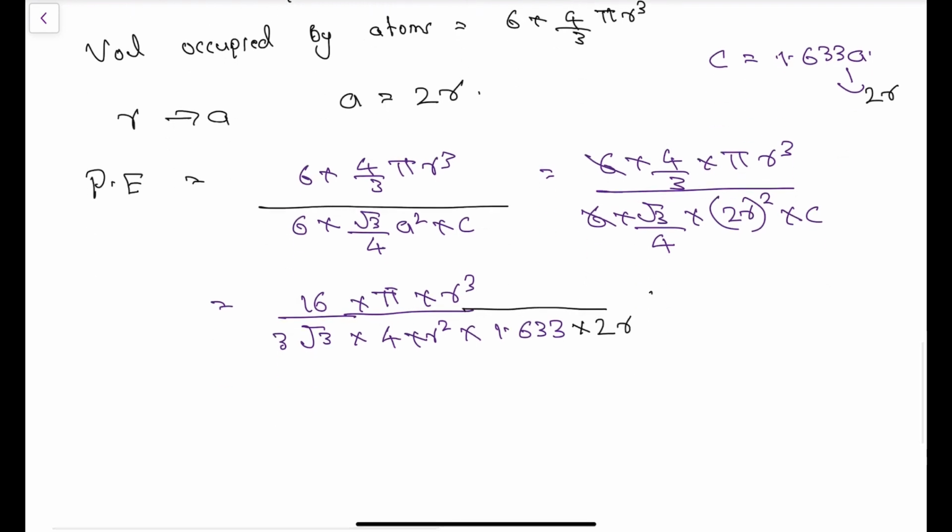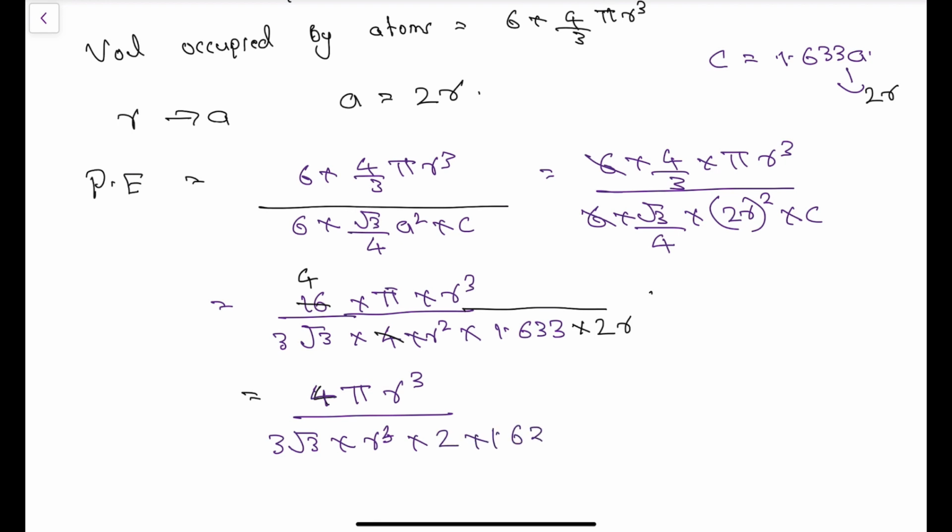So you can write this as, this will be cancelled off, 4 pi r cube by 3 root 3 into r square, so into r cube into 2 into 1.633.